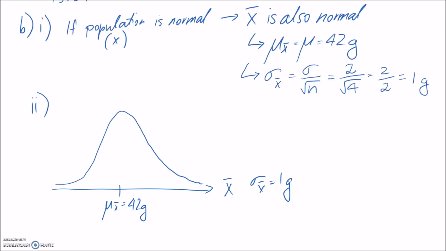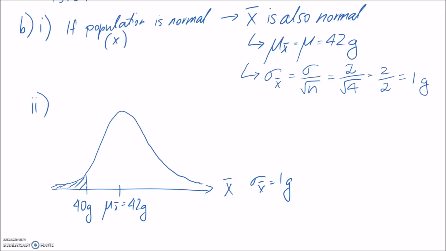It's going to be equal to 1 gram. So we were interested in the probability that the 4 bags in our sample have a mean weight of less than 40 grams, because that's defined as underweight. Okay, so we need the probability that sits in here, or the area under that part of the curve.